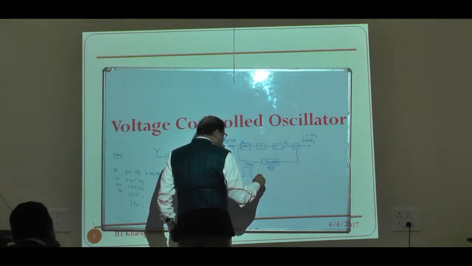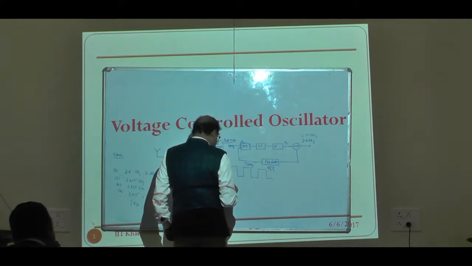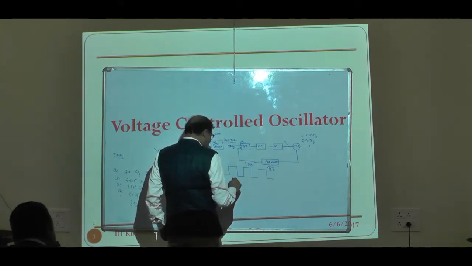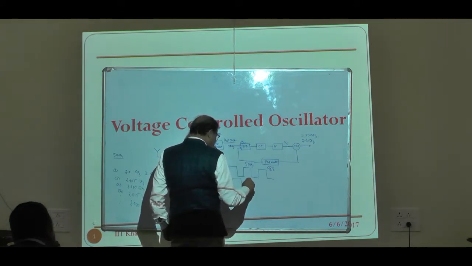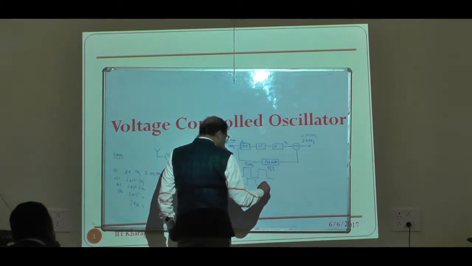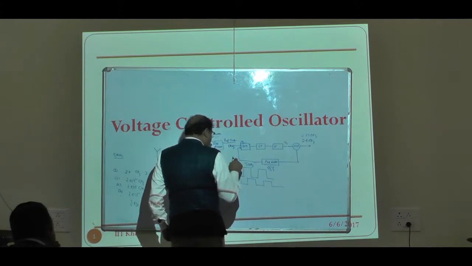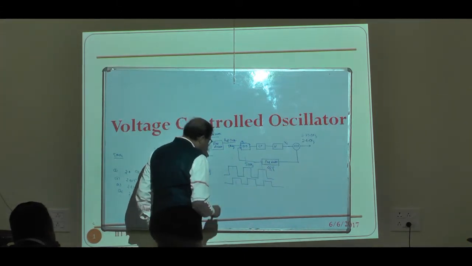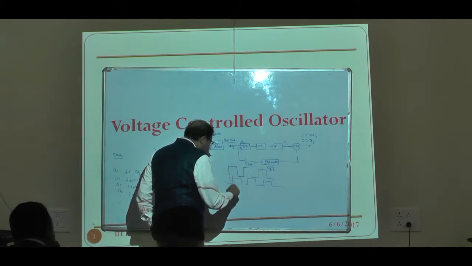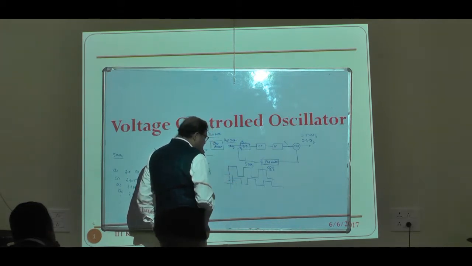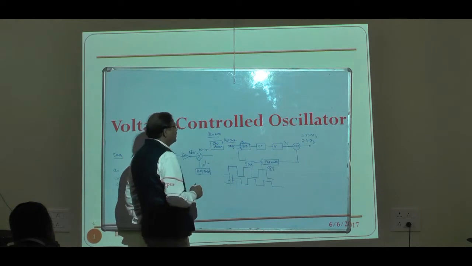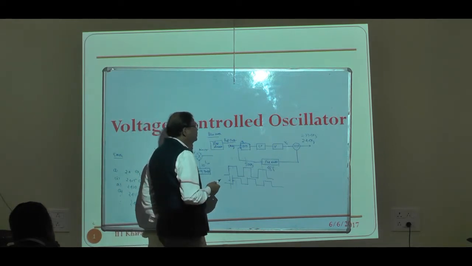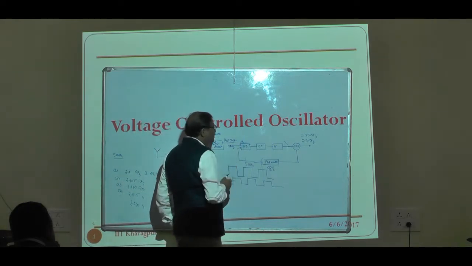One is the clock frequency and another one is the VCO frequency. They might have the same time period or frequency, but they have a phase difference. If they have a phase difference, then also the PFD output is non-zero.